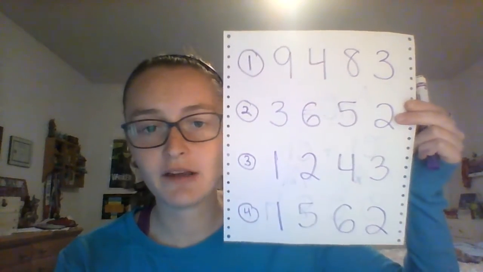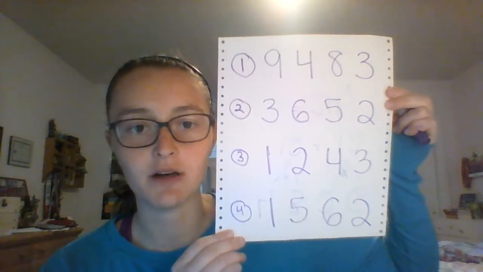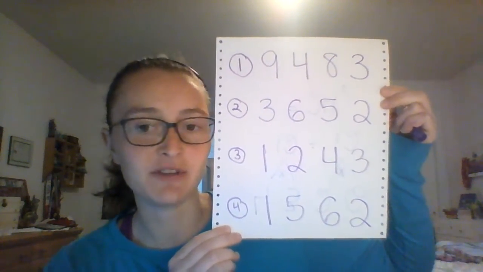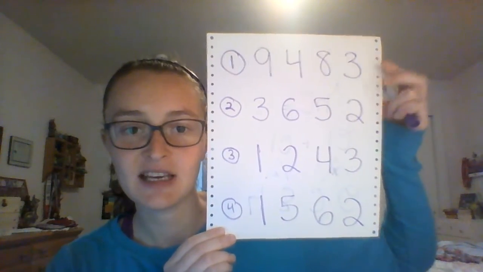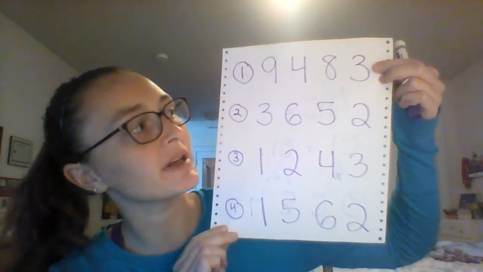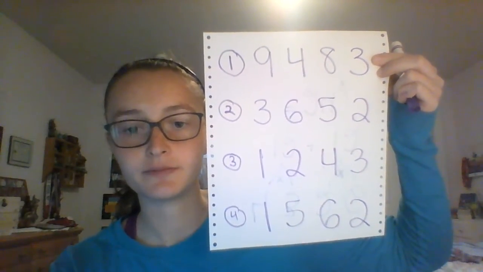Okay, so when I gave you your hints, I said one of these problems involves only adding. Were you able to find it? It's number 1. 9 plus 4 plus 8 plus 3 gets us to 24.